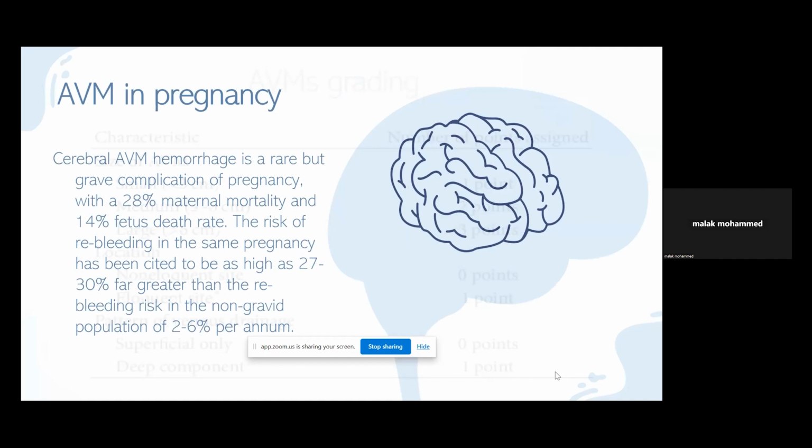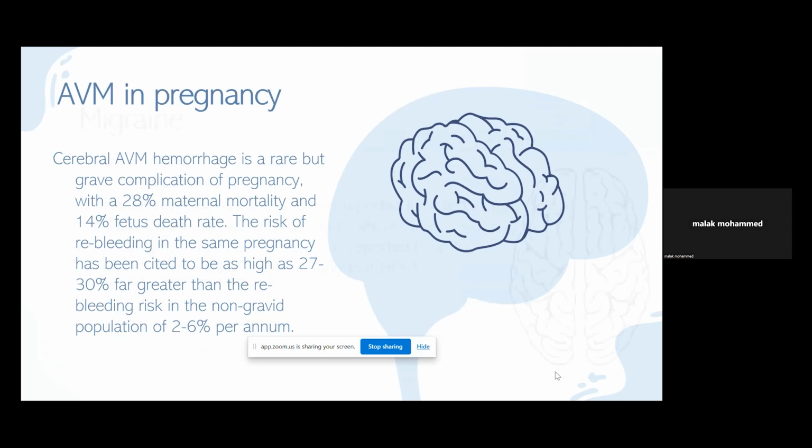The risk of rebleeding in the same pregnancy is cited at 27 to 30%, greater than the rebleeding risk in the non-gravid population, 2 to 6%. If a pregnant lady comes to the emergency department with symptoms of bleeding or hemorrhagic stroke, MRI could be done, but the more specific one is the CT scan, which could be done safely if lead protection is put on the abdomen of the patient.